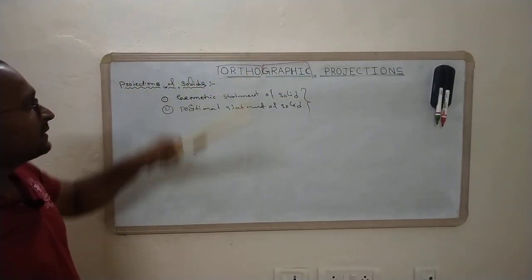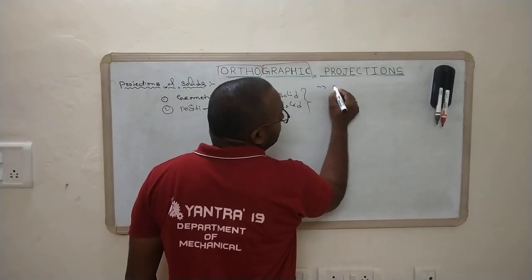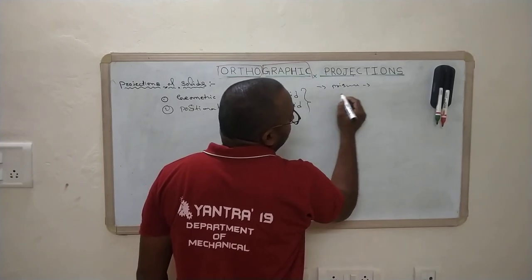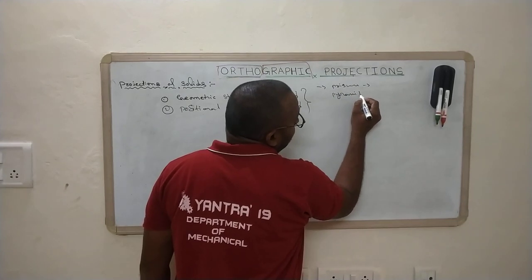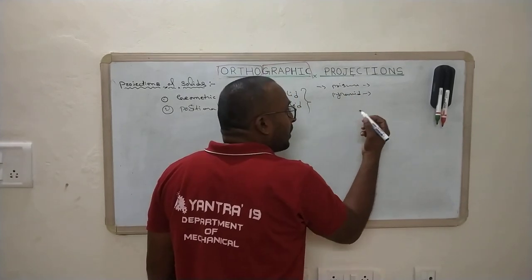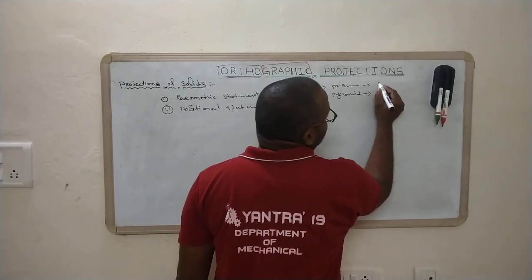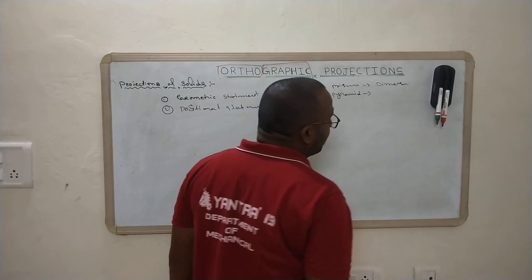The first one is the geometric statement of the solid, meaning whether it is a prism or pyramid or cylinder or a cone, whatever it is. They will give the first sentence, and then the dimensions of that solid will be given.